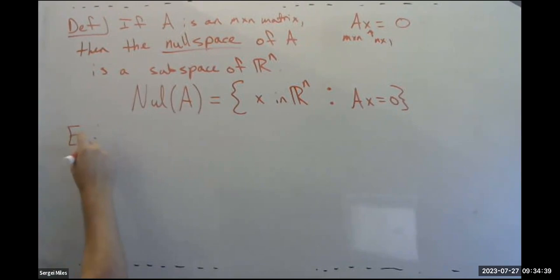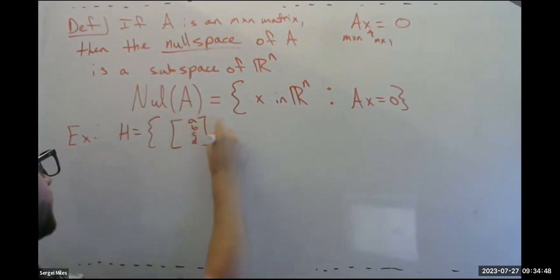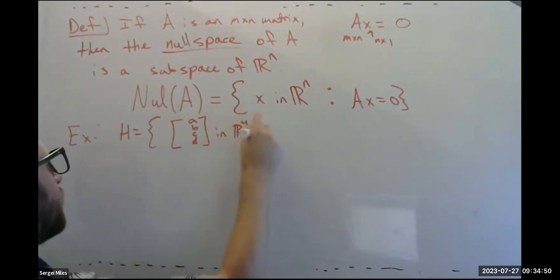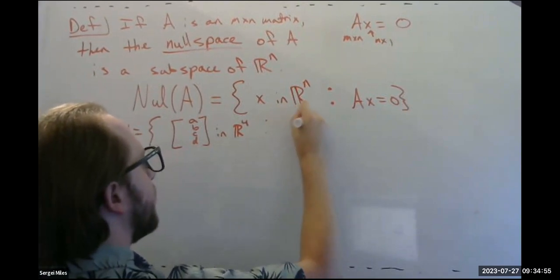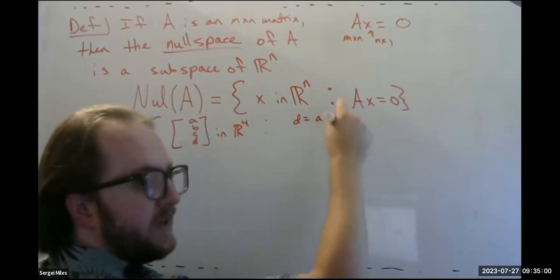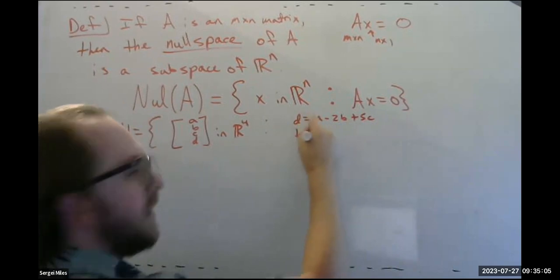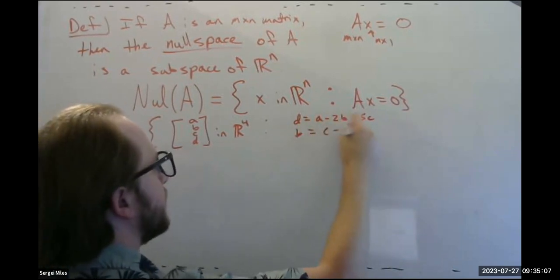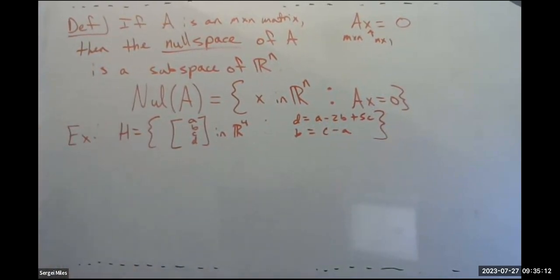Suppose we let H equal the set of vectors A, B, C, D. Notice this is in R4, such that, and we're given some equations, D equals A minus 2B plus 5C, and B equals C minus A. Okay, how are we supposed to go about this problem?